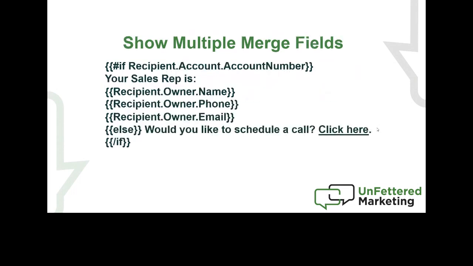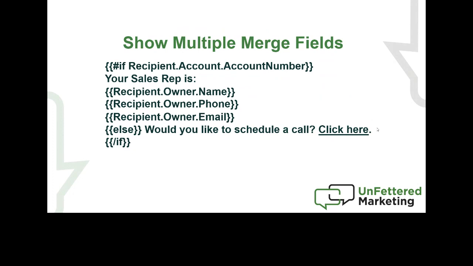So here's an example of why you'd show multiple merge fields or why you'd show something else. If you're sending on the basis of the recipient account, for example, and you want to show who your sales rep is for that account, then if that account has a number, you show the sales rep's information.